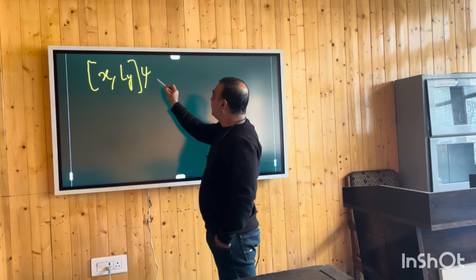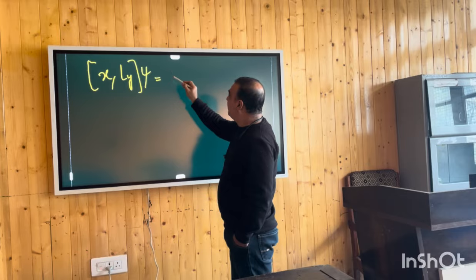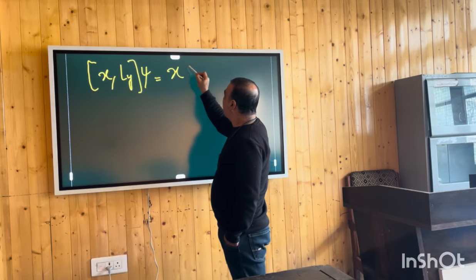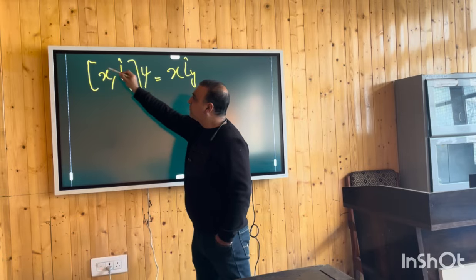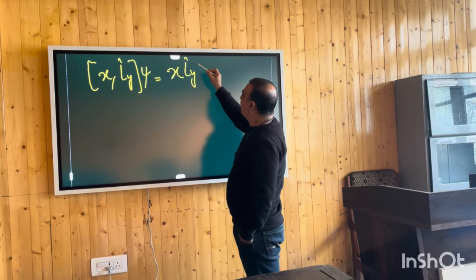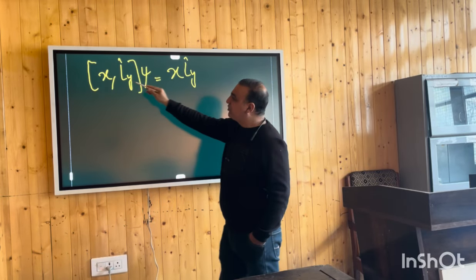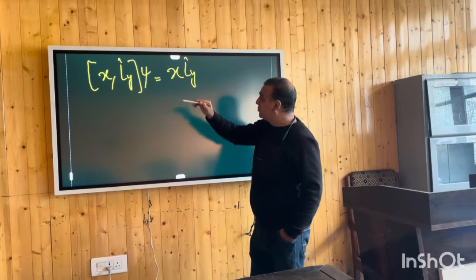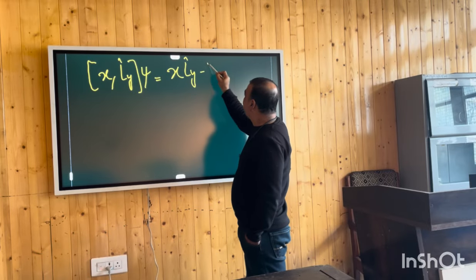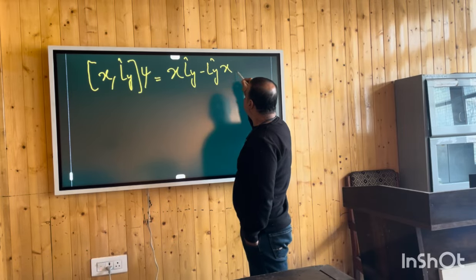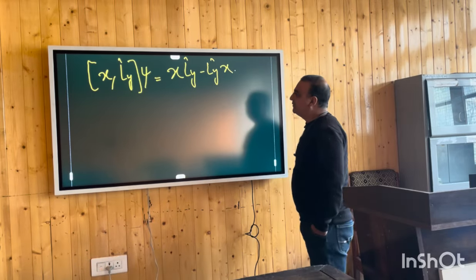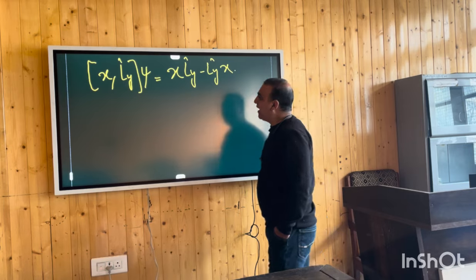I will write it in terms of the function. Then you will have x, Ly. This is also an operator, and when the operator of position acts on psi, you get the position. So then you have minus Ly cap and x. Right, so let's write it down.